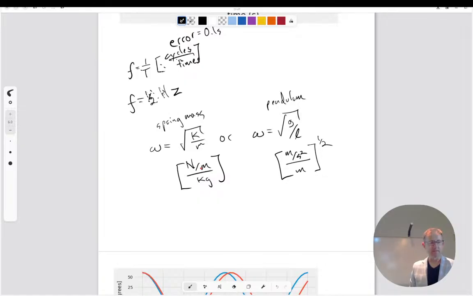So what happens to the meter per meter? It cancels, yeah. And then what about the 1 over second squared to the 1/2? So we have a meter per meter over second.